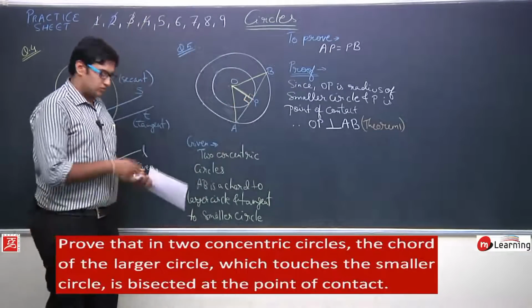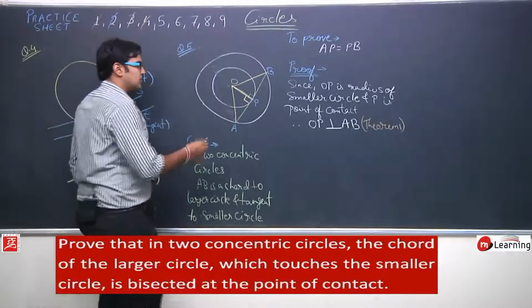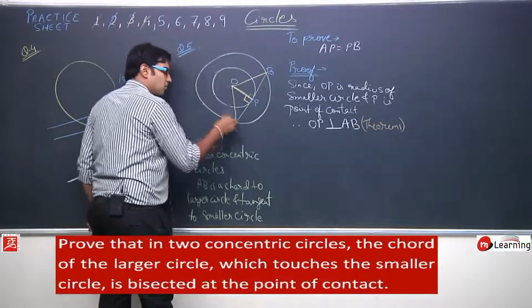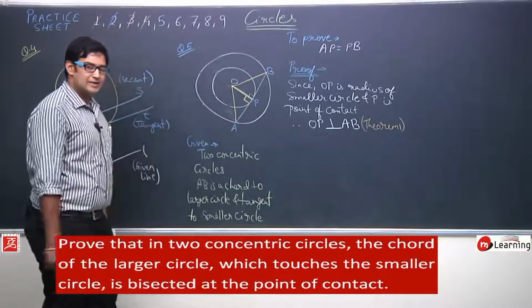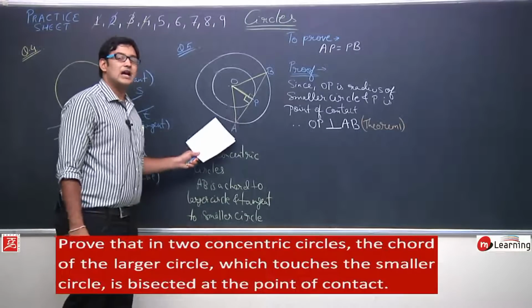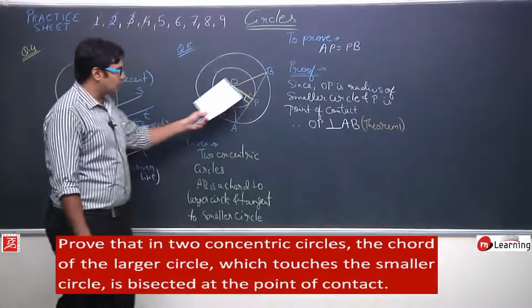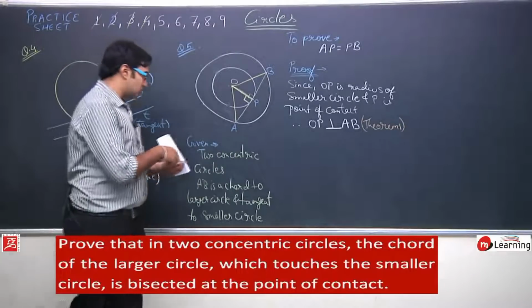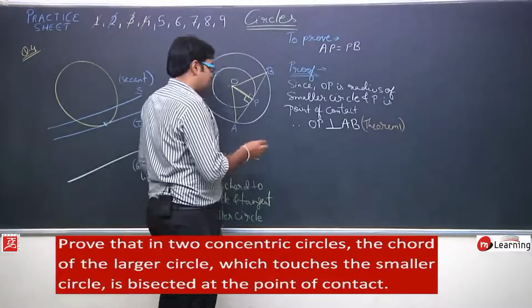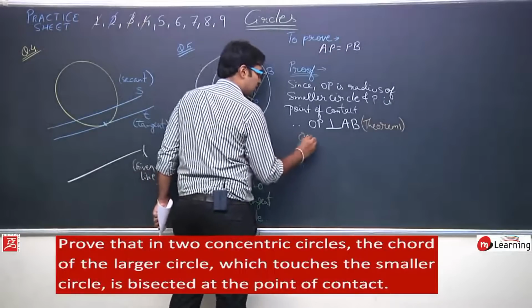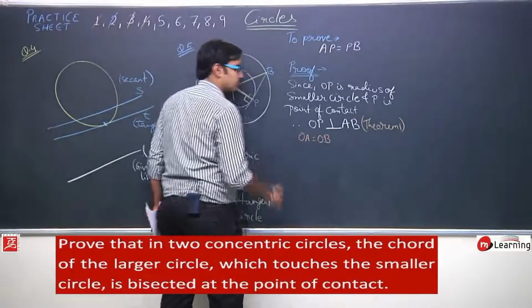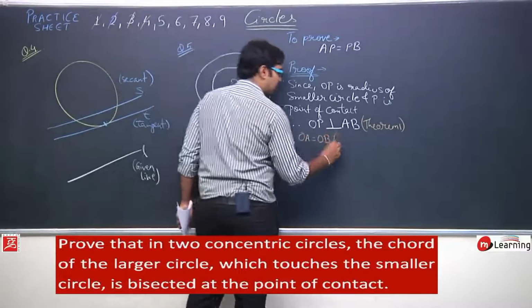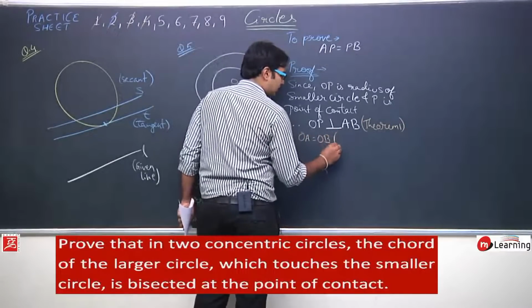Okay. Now if you observe, OA is what? OA is basically the radius of the larger circle. And what is OB? OB is also the radius of the larger circle. So I say OA is equal to OB. Why are OA and OB equal?